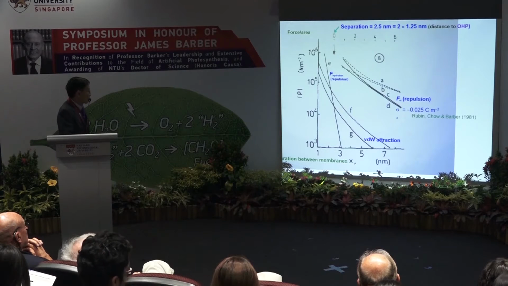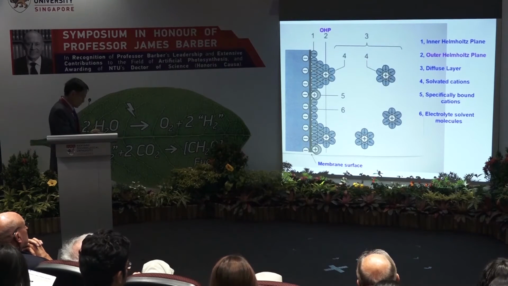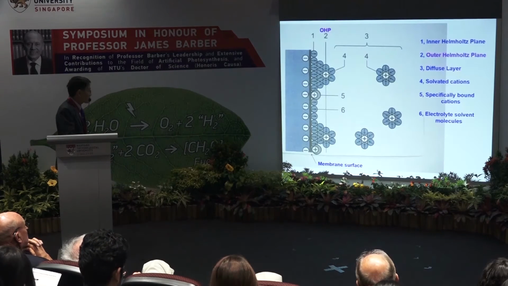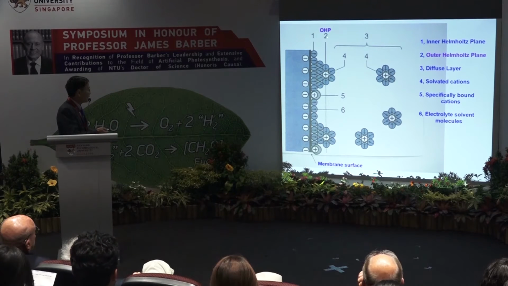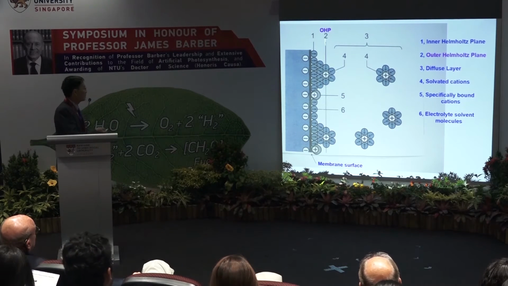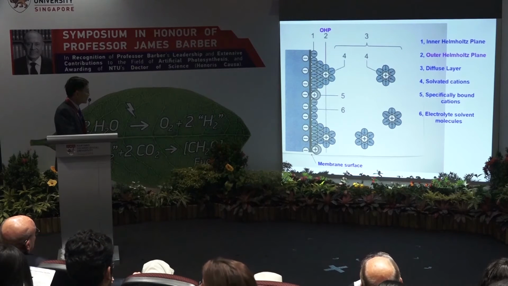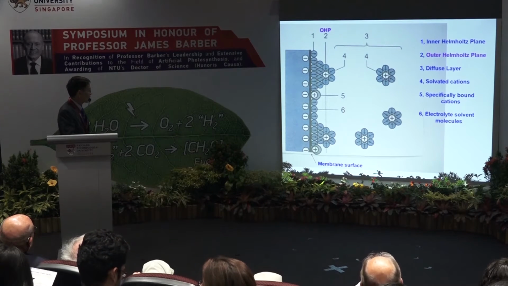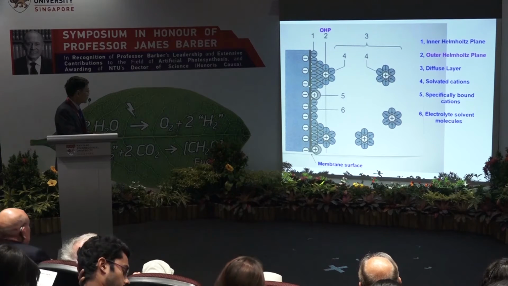So perhaps I come back. As far as the methylviologen divalent cation is concerned, the surface charge density actually starts somewhere here. In other words, the surface potential starts here, whereas the curves for the hydration repulsion and the van der Waals attraction start from the membrane surface.